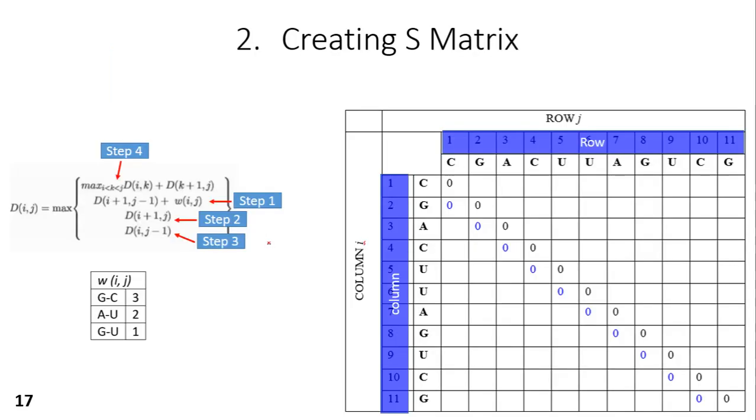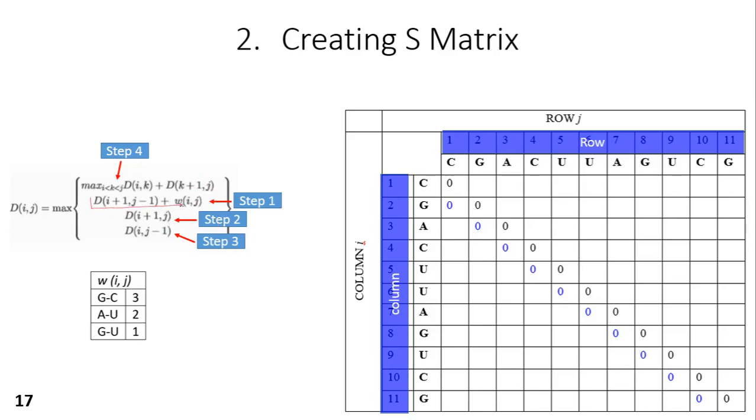Okay, so now let us talk about how we populate this S matrix. We would call this an S matrix. Now, whatever you see over here, Dij is equal to the maximum of, max over i less than k less than j, Dik plus this particular expression. Well, this is a formal description of the Nussinov-Jacobson algorithm, which has got 4 steps.